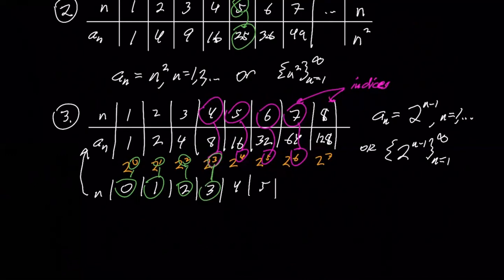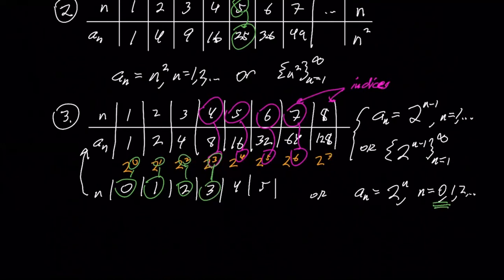I claim this is just another answer to listing the sequence. You could give it this way, or you could say a sub n is 2 to the n, but we start counting from 0. That's the big thing there: we just start counting at a different point. That's often very useful because sometimes it's a more natural formula.